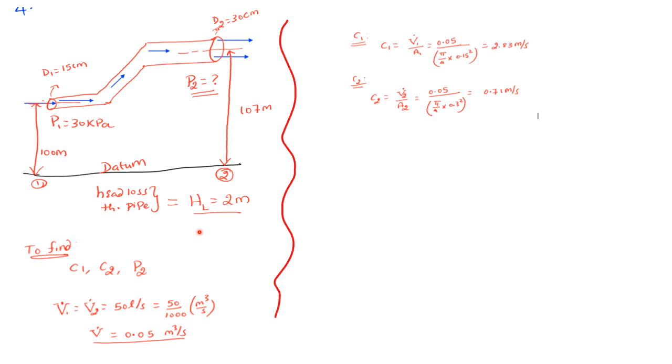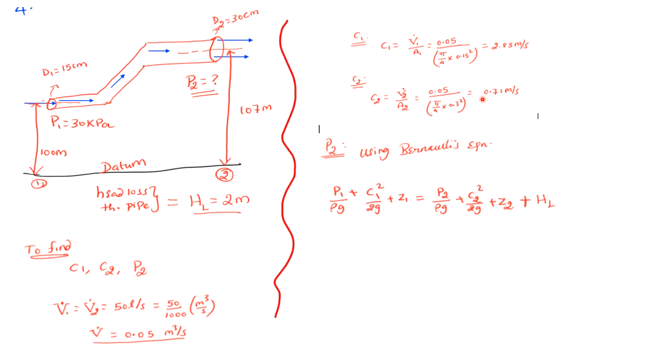Now to find P2, I'm going to use Bernoulli's equation. P1 by rho g, the pressure head, plus the kinetic head and the datum head, is equal to the pressure head, kinetic head, and datum head on the other side.